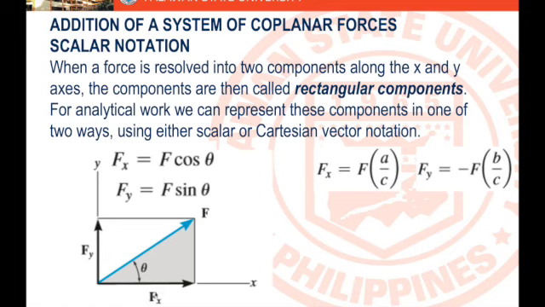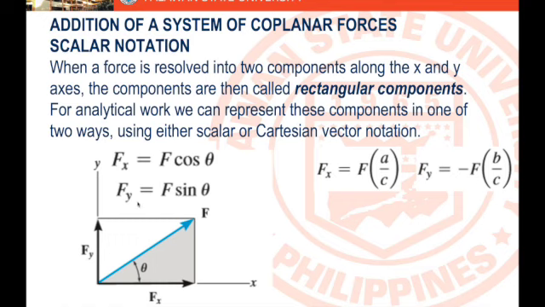So in order to find the magnitude of Fx, if the magnitude of the resultant force and the angle are given, we can simplify it by multiplying the magnitude of F with the cosine of the angle.